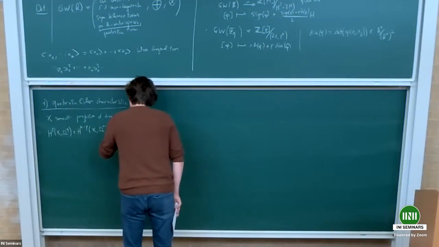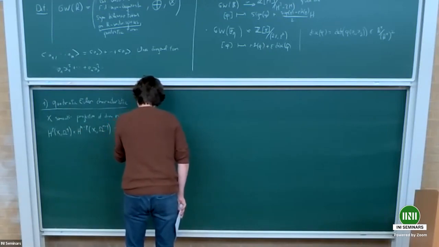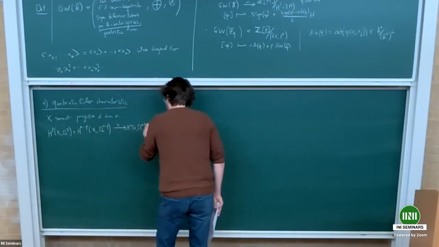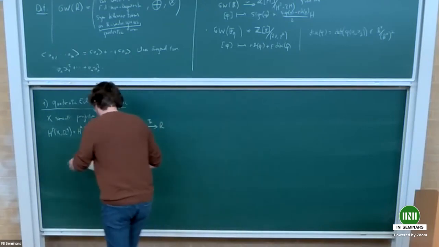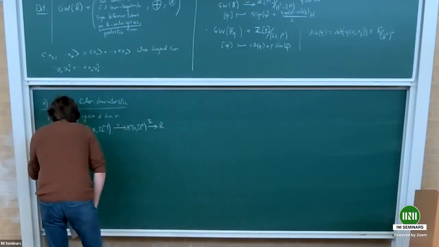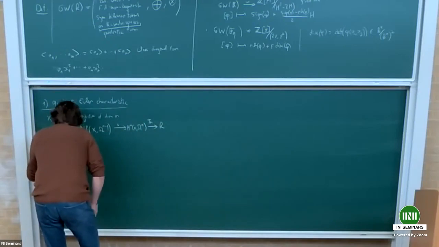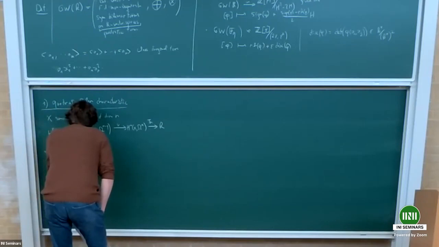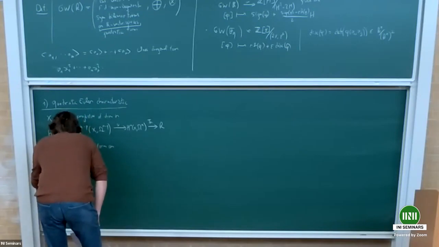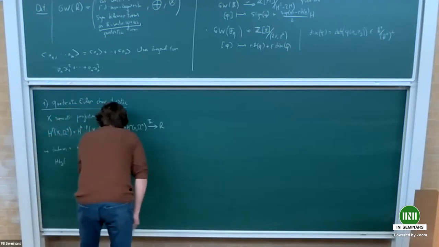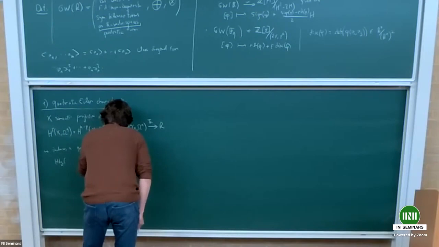So by cup product, this maps to H^n of omega^n, and then by the trace map from Serre duality, this maps down to K. And this induces a quadratic form on the direct sum of the Hodge cohomology, which I will call Q_X.